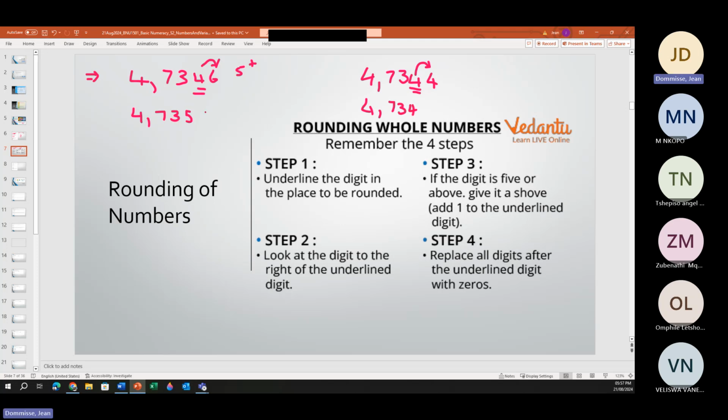Okay, so one thing that you guys can now see is we will never lower that number. So it will never go to 4,733. So it will always stay the same or be rounded up with one number. But it will never ever happen that you will say 4,733 suddenly.